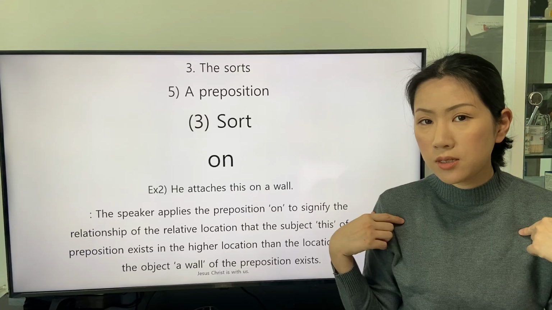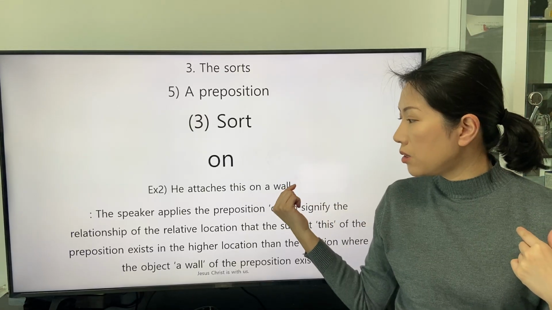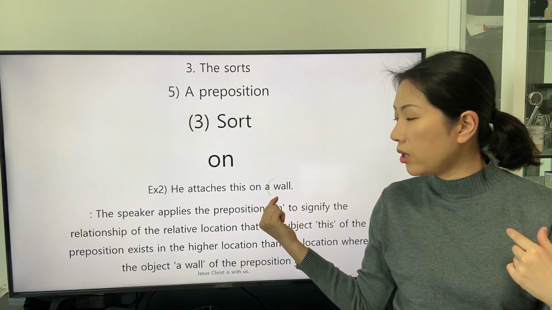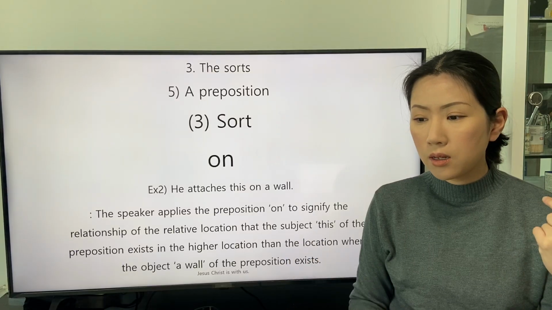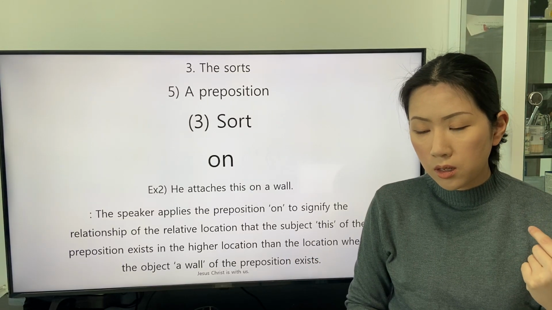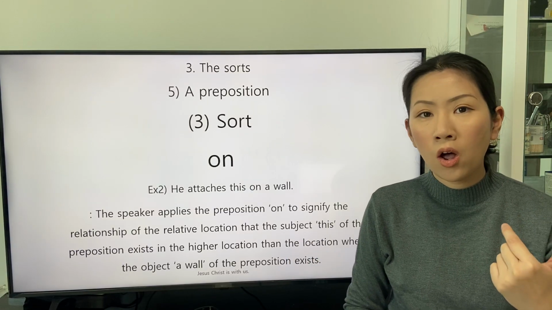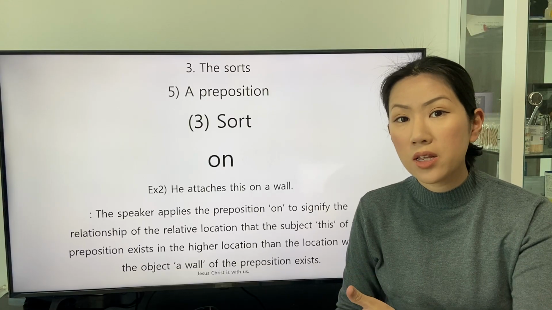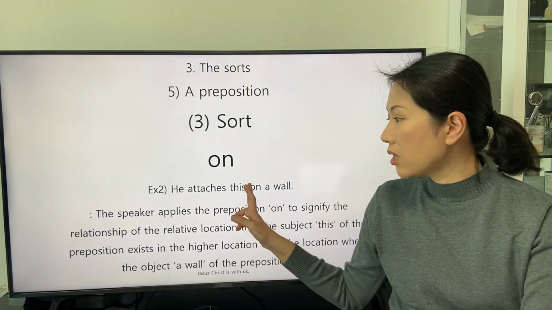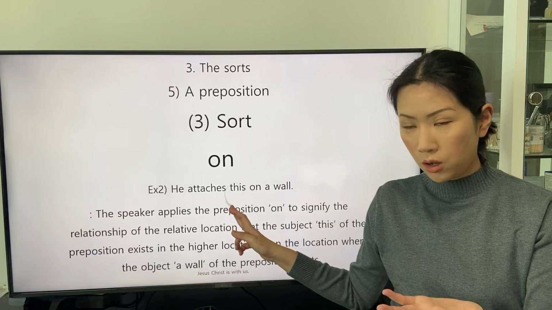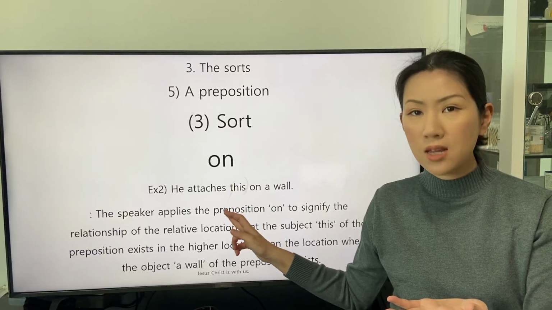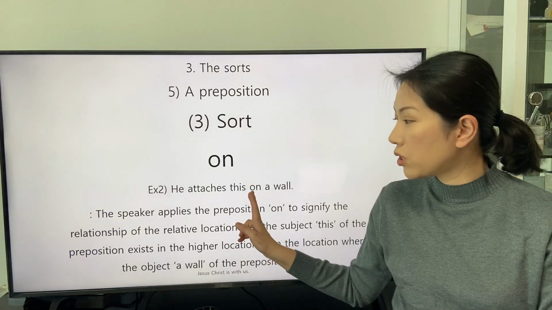This tells us that the object of the preposition on, a wall, is not an absolute standard to discern the position of the subject, this, of the preposition on.